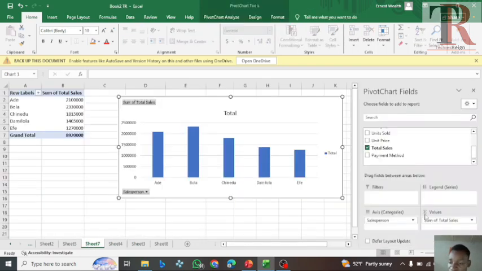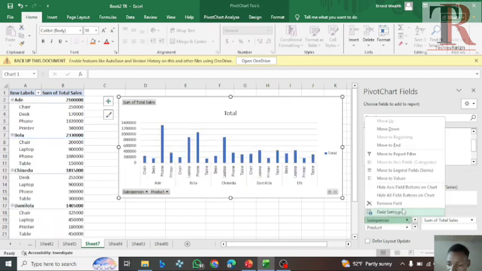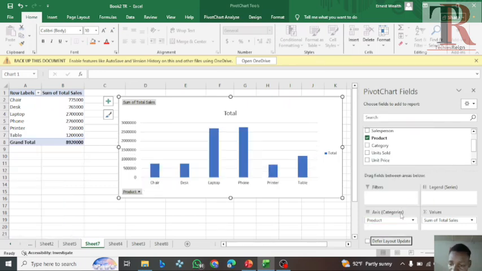You can play around with this field. We can also find out some other things, like which product a salesperson sold the most.